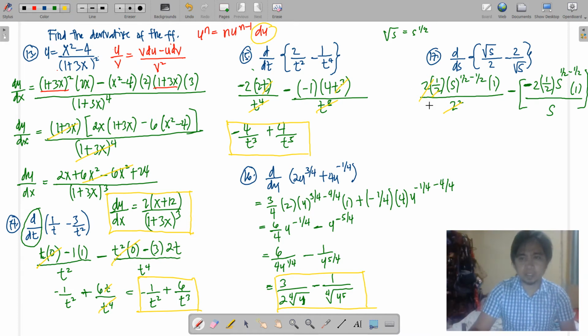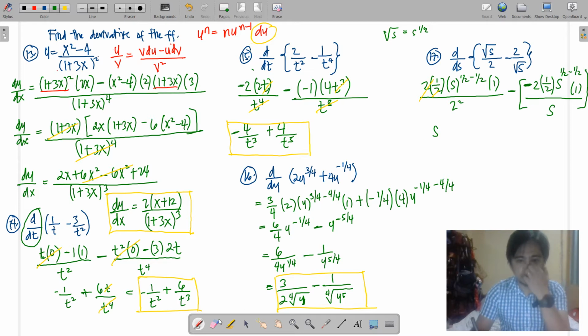Or ito na lang cancel natin. So, ang naiwan is s 1/2 bawasan ng isa, no?